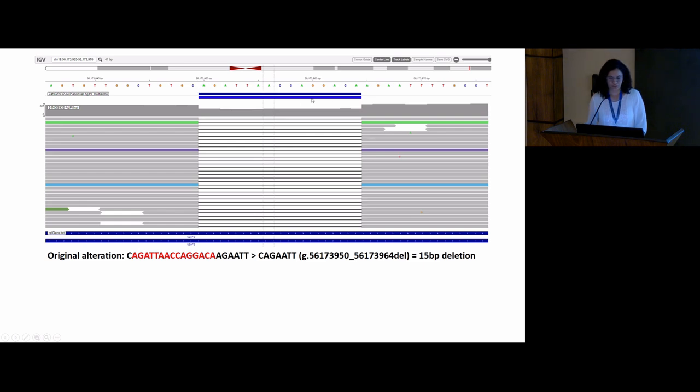From this position to the position here, that is 964, there is a deletion of 15 base pairs. So it is an in-frame deletion. Now these coordinates that we found, 56173950 to 56173964 deletion, we'll put on VariantValidator and see what the answer is.